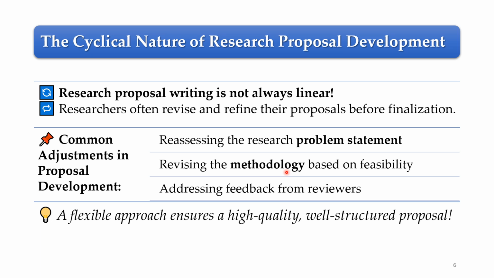We said that methodology is how you propose to conduct your research or implement it. So the more you read, you will discover that there are ways you can better do your research. So you keep improving the methodology section of your proposal.